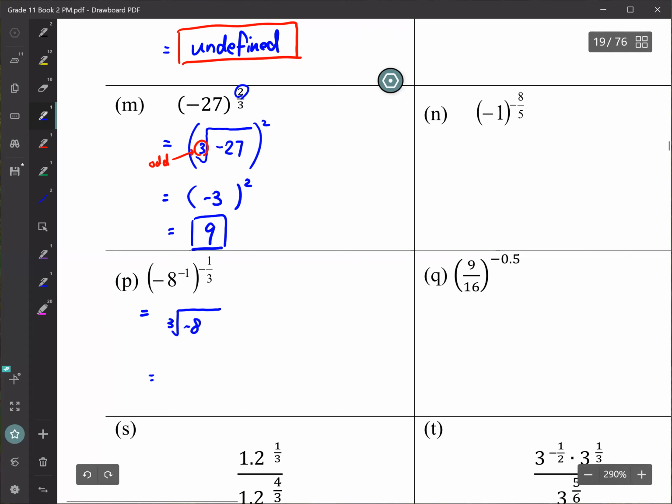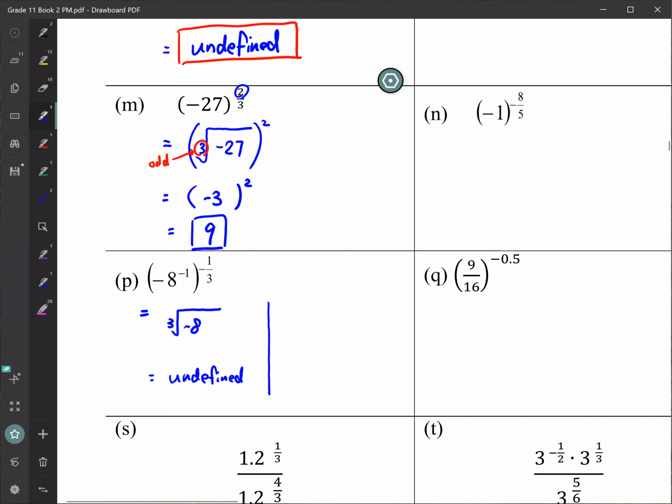Have you done writing the radical form? Answer undefined? I think it's undefined. You think it's undefined? Okay, we'll leave it there. Does anyone want to add? What do you guys think?